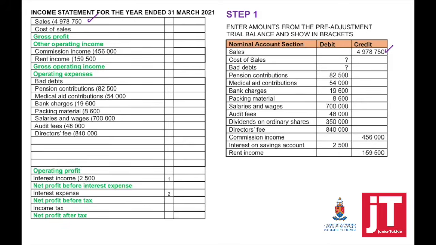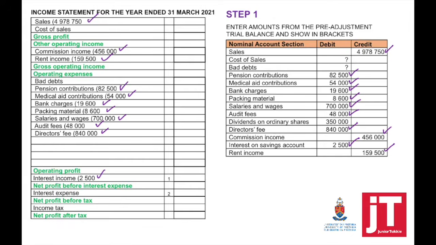So when we start with the income statement, our step number 1 is we're going to enter all the amounts from the pre-adjustment trial balance and show it in brackets. You would notice that I've only used the nominal account section. Why? In my nominal account section, it reflects all my income and all my expenses. So now make sure that you understand your format. Where do I take what?